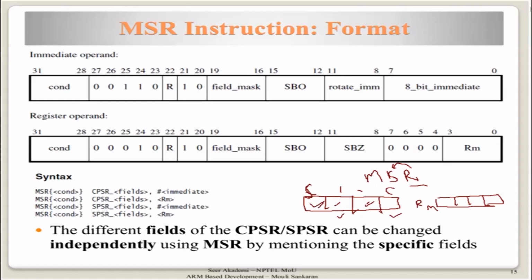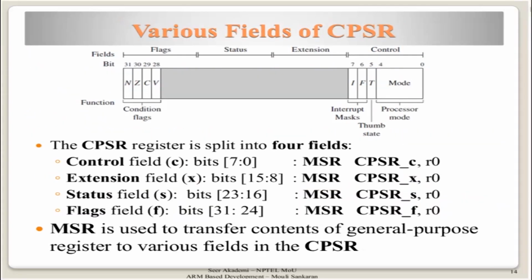So based on that, you can decide to put one of these fields, C, X, S, or F. Okay, so you can say CPSR, and then say I am interested in C and X. Okay, that means it will only modify the C, the control field. So this field it will change, and then if you mention X also, underscore CX, that means it will change the extension bits also. That means given a register, it will choose those particular 8-bit values and then copy them into the status register.